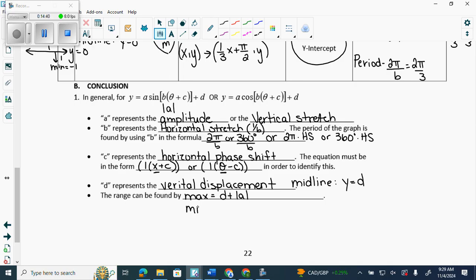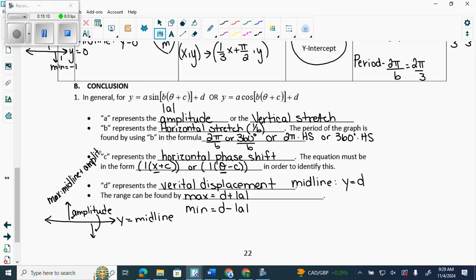And your minimum would be d minus amplitude. Y equals midline, amplitude. So your max is your midline plus amplitude. And your min is midline minus amplitude.